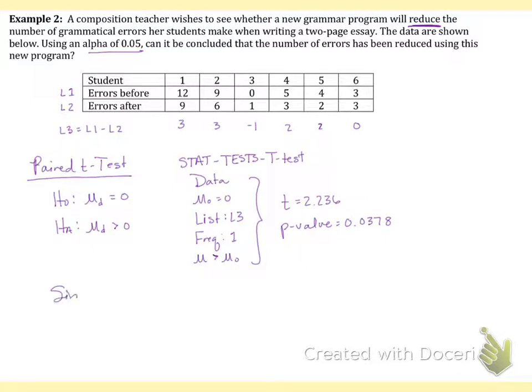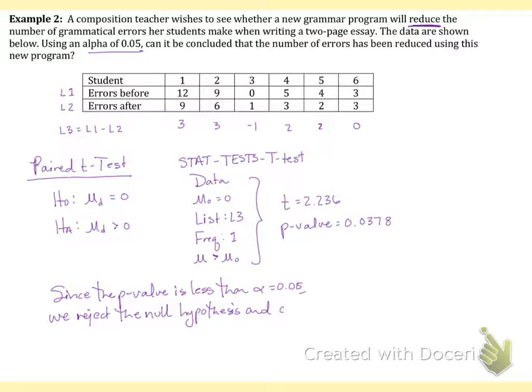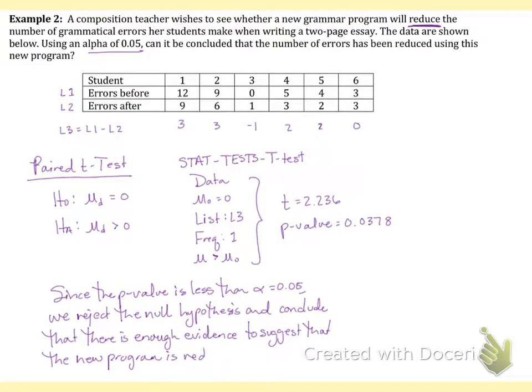So since the p-value is less than alpha equal to 0.05, we reject the null hypothesis and conclude that there is enough evidence to suggest that the new program is reducing errors in their 2-page essays.